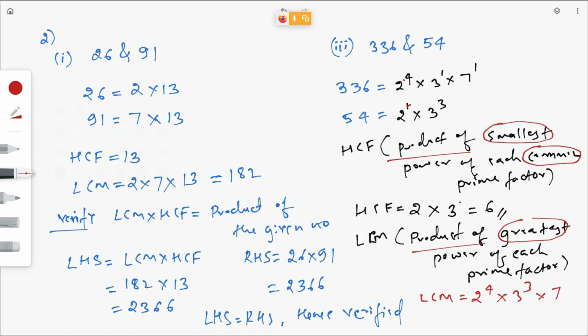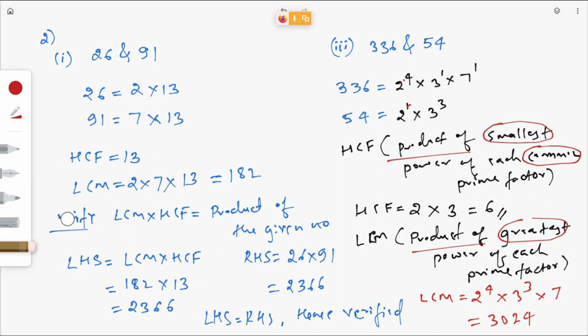While finding LCM, multiply all the factors. If the factor is common, just take the greatest power, that's it. So this is your LCM, which is equal to 3024. And then verify.